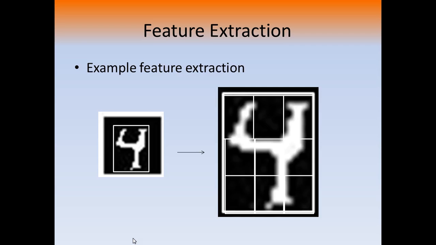So this is an example of the feature extraction done, where you can see the skeletonized digit and then a box is placed over exactly where the digit is by just searching for the foreground. And then this box is segmented into 9 equal areas, and the number assigned to each area is the number of pixels out of the total foreground that occur in each.